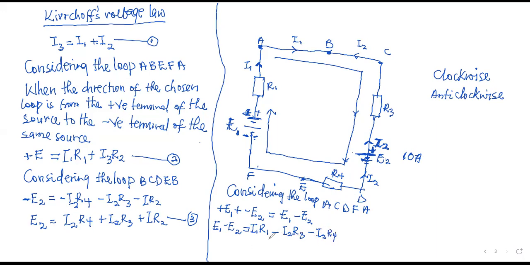Okay, so in actual fact, you just need two equations to solve them simultaneously. So it can be solving equation 2 and 3, 2 and 4, or 3 and 4.